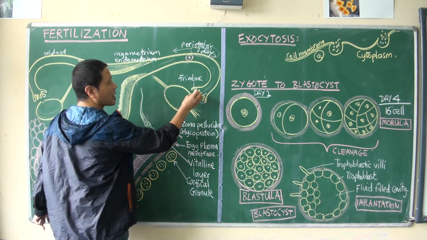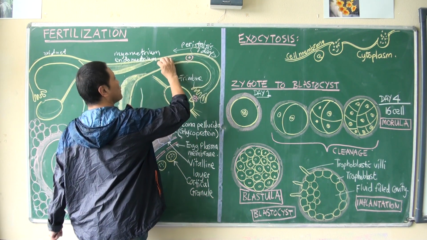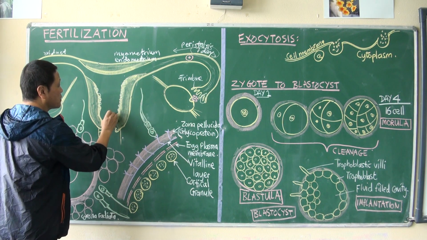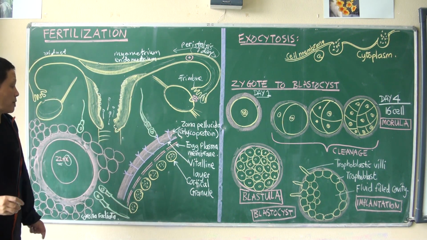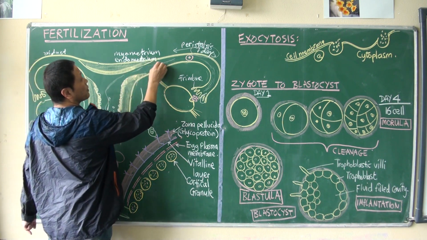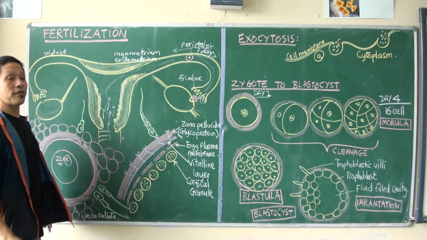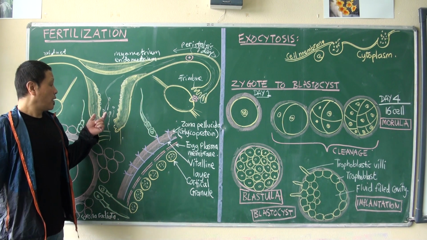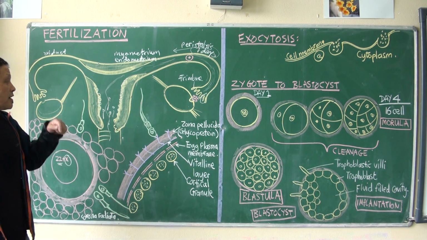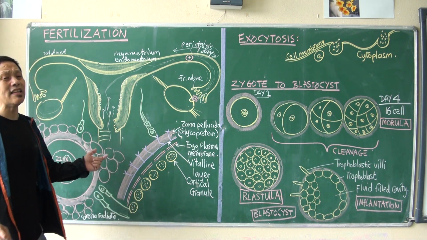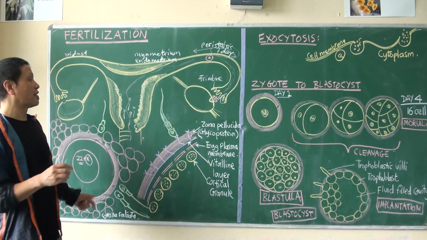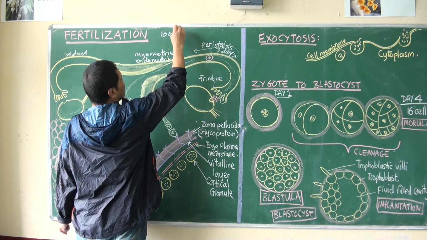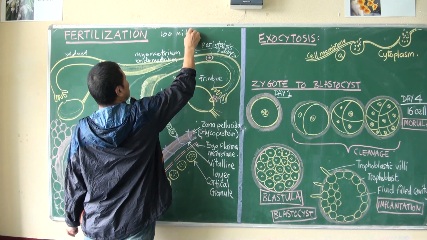So during this time, as it passes through the oviduct, sperm cells are released into the female reproductive structure. Then they will reach the egg cell and fertilize it. Now, every time sperm cells are released, there are millions, more than 30, let's say 100 million sperm cells released.